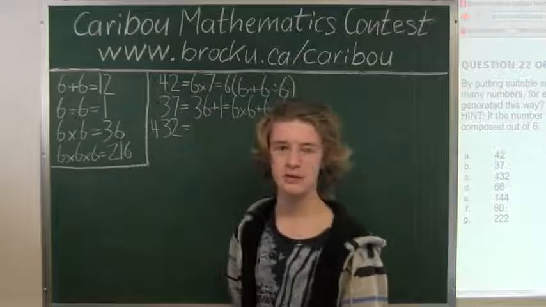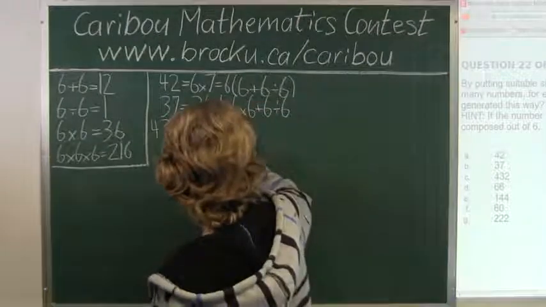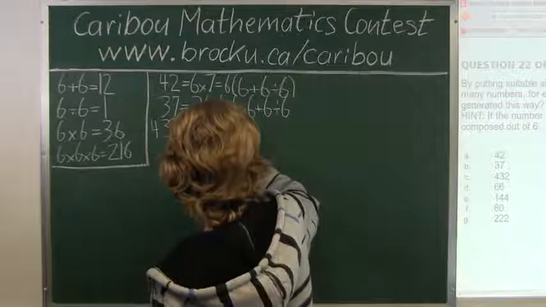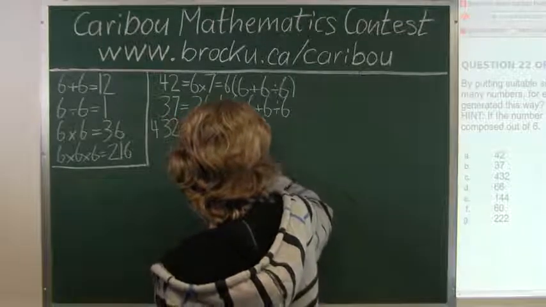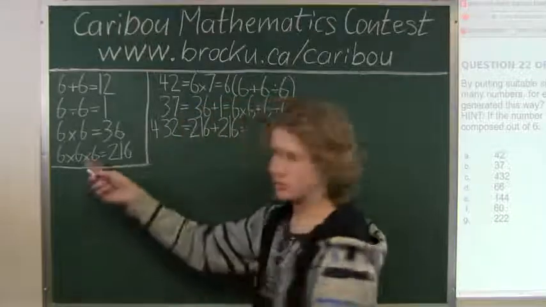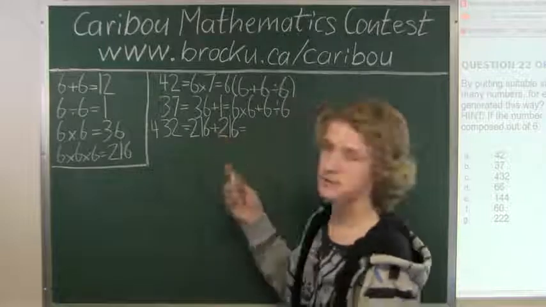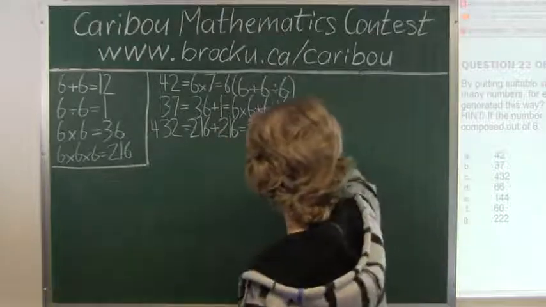And this can be written as 216 plus 216. So now we can use our building blocks, 6 times 6 times 6 plus 6 times 6 times 6.